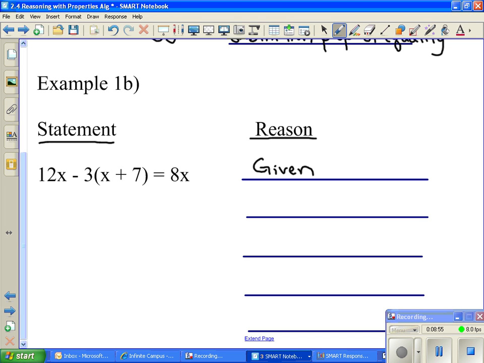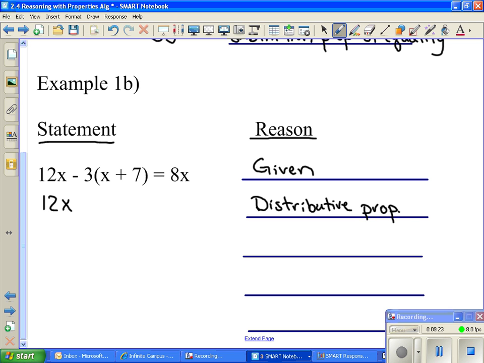In algebra, what would you do first? Parentheses. And what's that called? Good. And that's your reasoning. It is distributive property. Now, we didn't talk about that a while ago, but good, you remembered it. So, you get 12x.